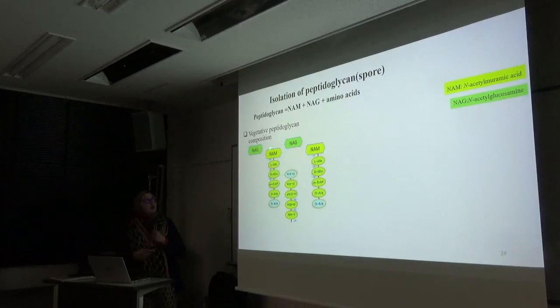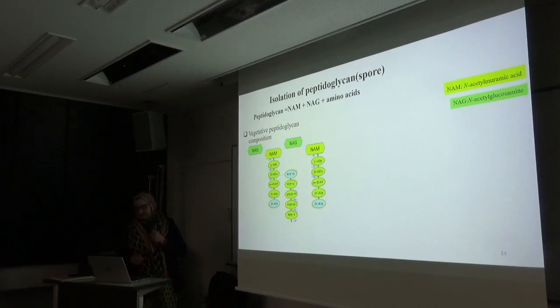Basically, the peptidoglycan is composed of sugars plus amino acids. The main sugars are N-acetylmuramic acid and N-acetylglucosamine, and they are linked together alternatively through some peptides.